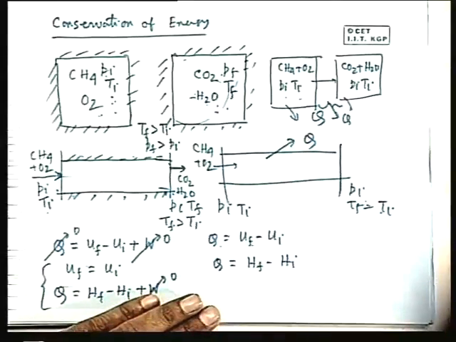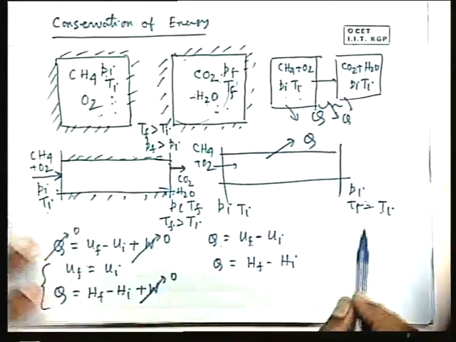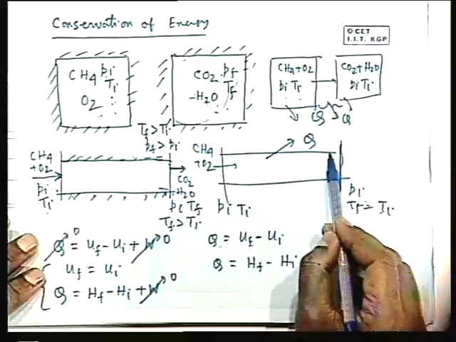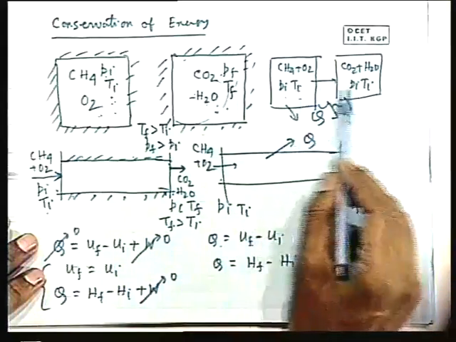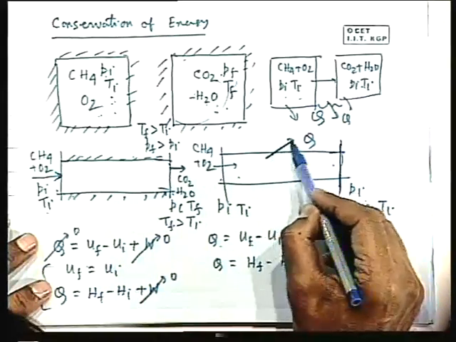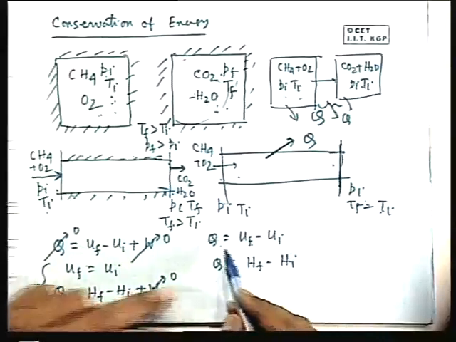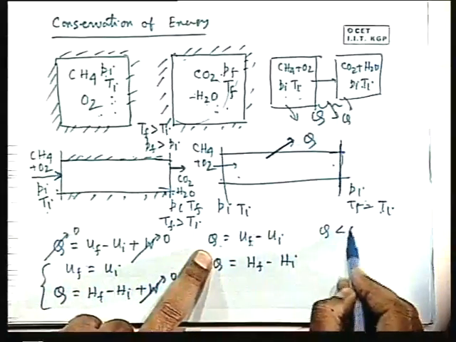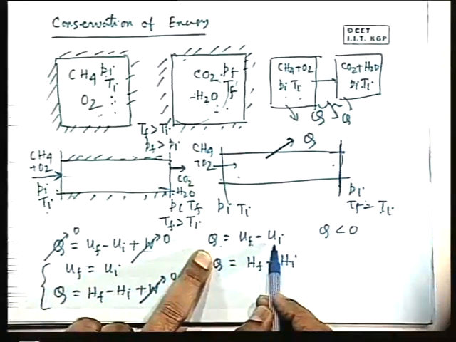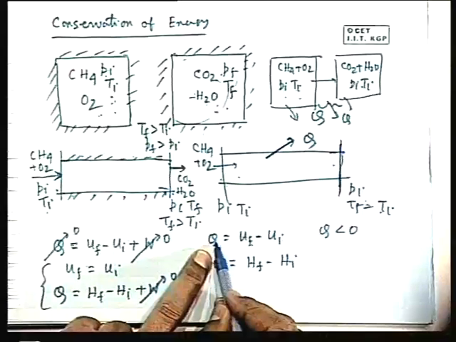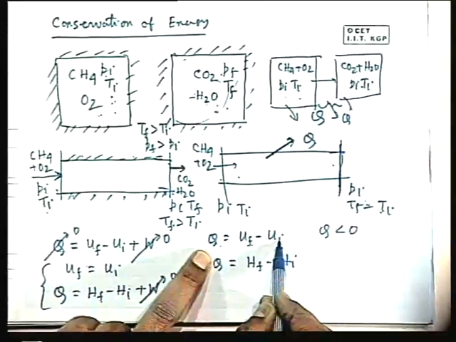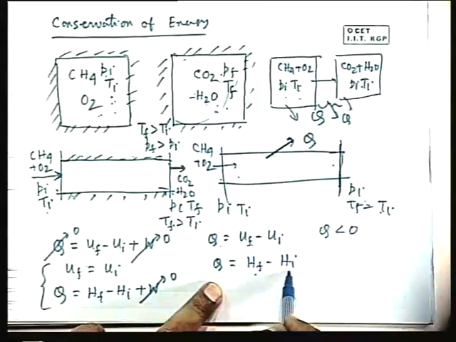Now this process tells that, though the state point is the same, to keep the state point the same during reaction I will have to take out some heat, which means here Q is less than 0, because this is the equation from the first law where Q is the heat added, when you write the final minus initial internal energy or final minus initial enthalpy.